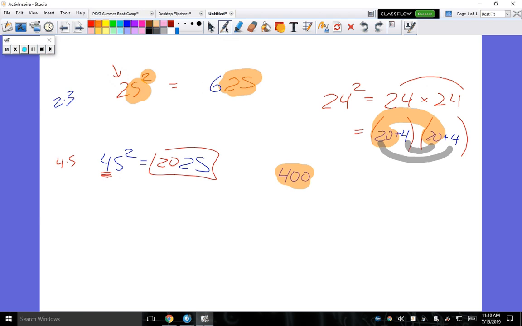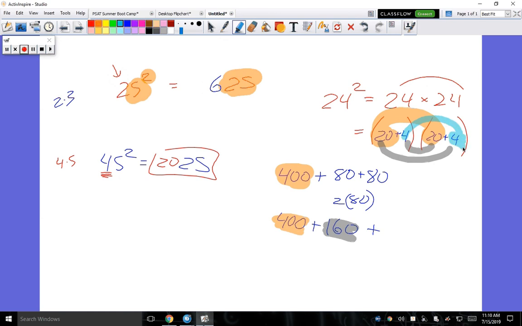Do you agree? So it's like saying 80 plus 80, otherwise 2 sets of 80, which is 160. Okay? And last but not least, let me gray this so that you can see the color of what goes with what. Last but not least, we're going to do the last terms, which is you get what? 16.